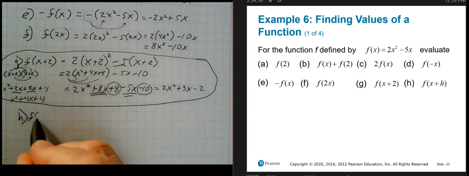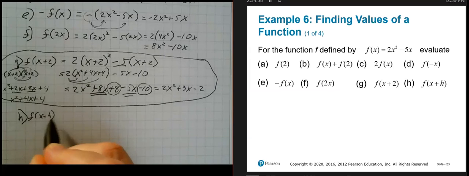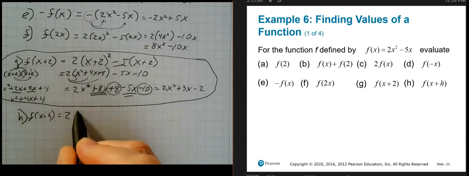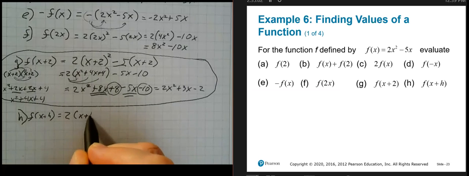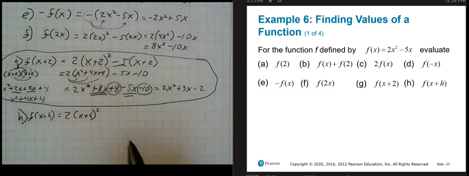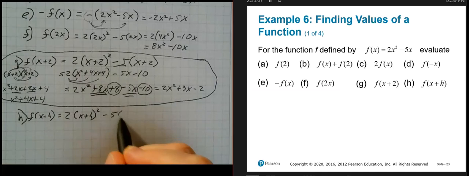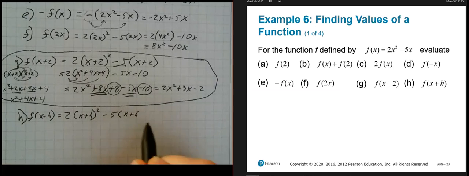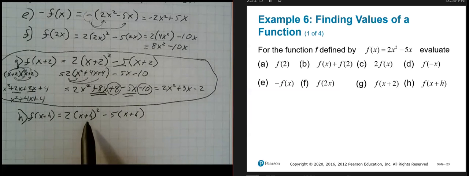So we have f of x plus h, which means instead of x, I write x plus h inside parentheses. And now I simplify. I square the binomial.